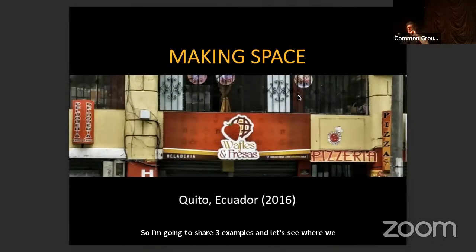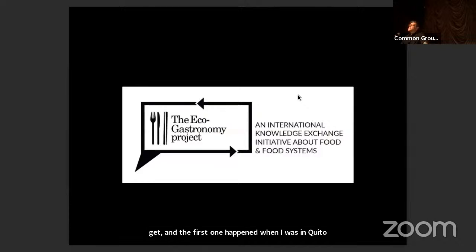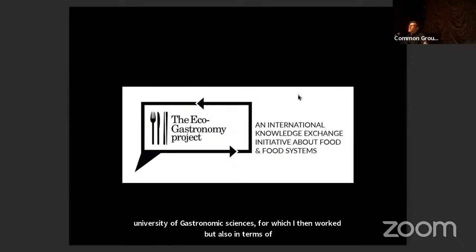And the first one happened when I was in Quito, Ecuador in 2016. It was part of the Eco Gastronomy Project, which was a semi-world tour that I did in support of promoting the University of Gastronomic Sciences, for which I then worked, but also in terms of sharing a kind of pluralistic understanding of gastronomy.